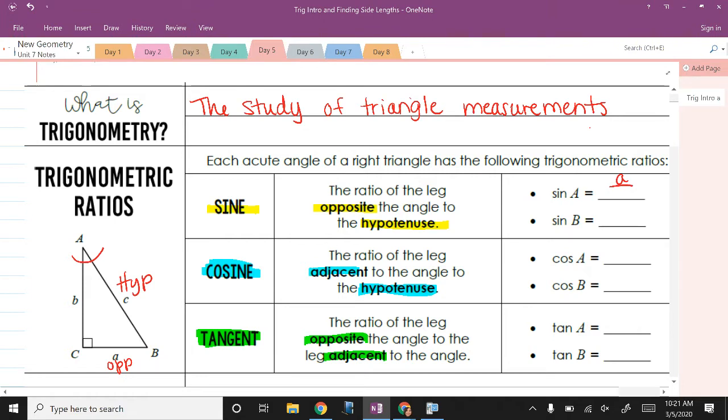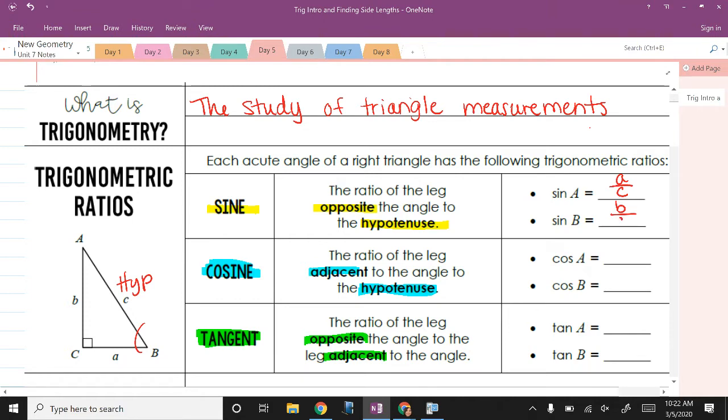Now, what is the hypotenuse of this triangle? Little c. Okay? Now, for B, it's going to be different. For angle B, which is the bottom angle down there, what leg of the triangle is opposite from big B? Little b. And what's the hypotenuse?